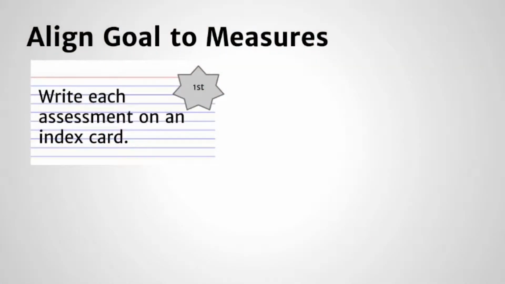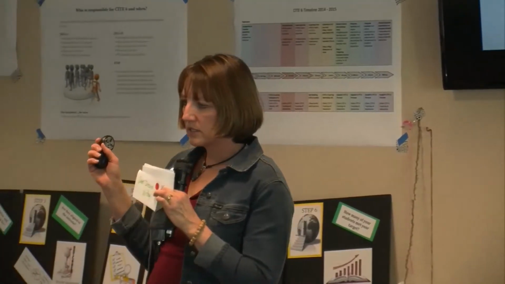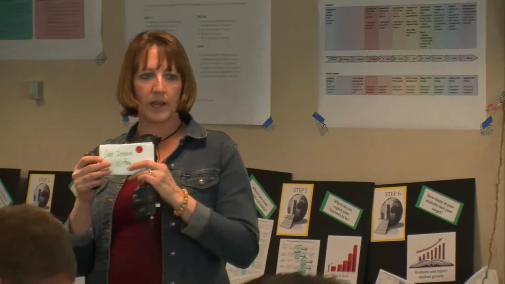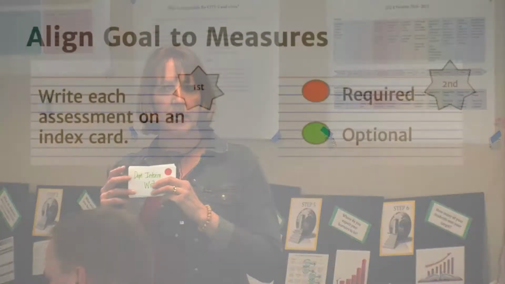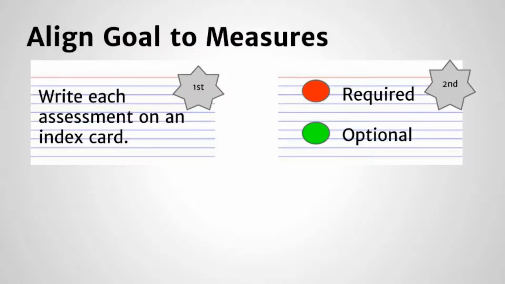Okay, we should have those index cards completed. If you can find the dots on your table, there's red stickers and green stickers. Here's the deal. If it is a required assessment, so we told you in the fall that the Colorado Growth Model is required, a classroom interim is required by the state.